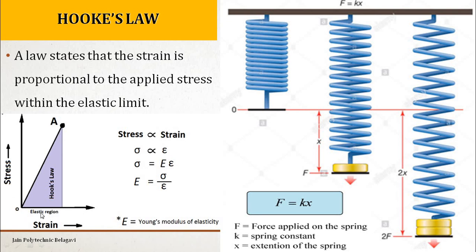Stress is proportional to strain. So this is the elastic region here. You have found this in the example of the spring. Similarly it happens in the bars, or the metals, or the steel which is used in the test specimen. So Hooke's law states that stress is proportional to strain.